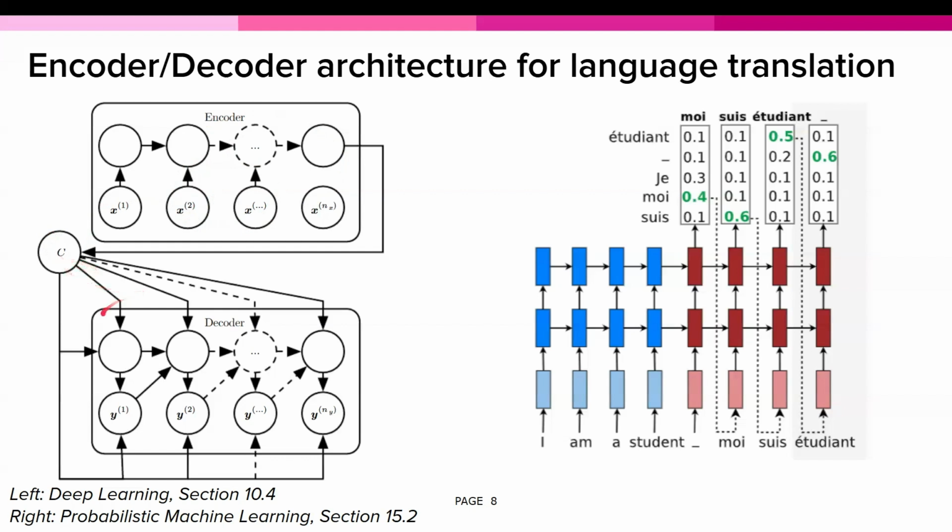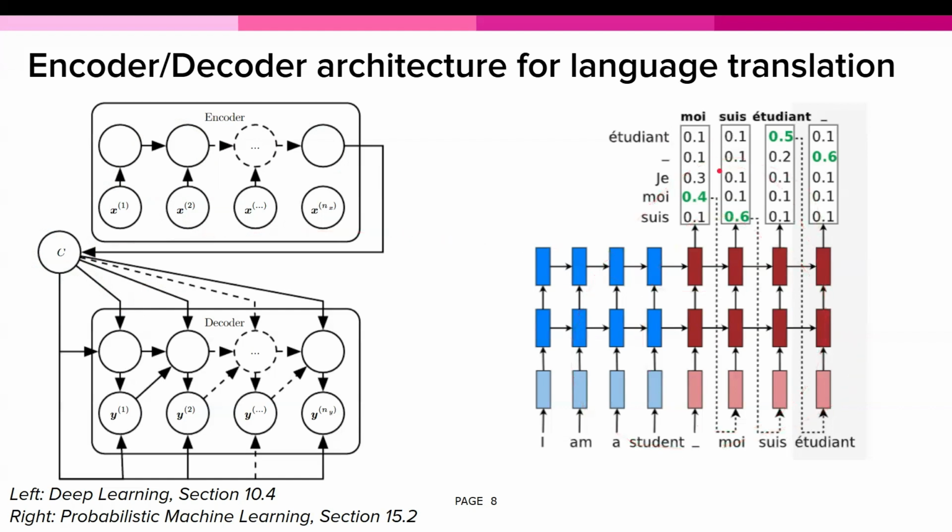Then the decoder takes this context vector as input and uses it to generate the output sequence, one word at a time. The context vector is the only information that the decoder has about the input sentence, and so it's a pretty crucial element to bridge the gap between two languages.